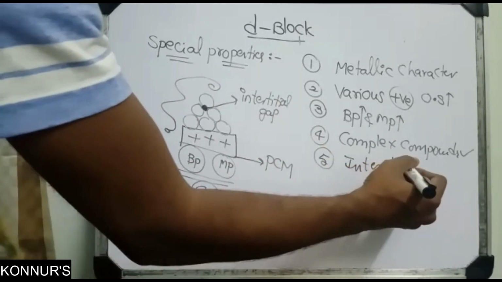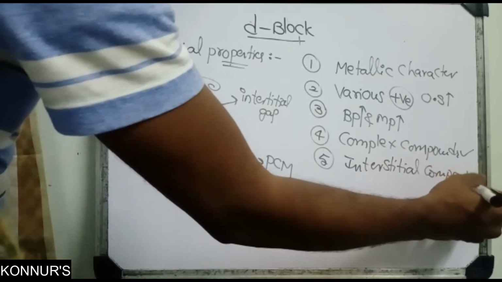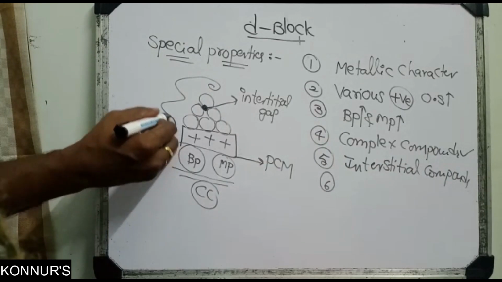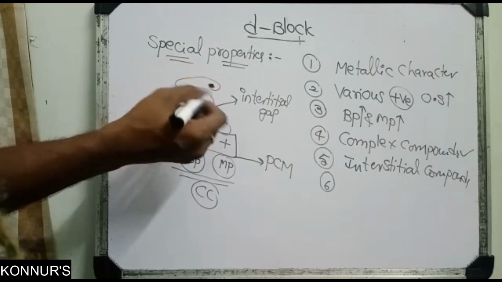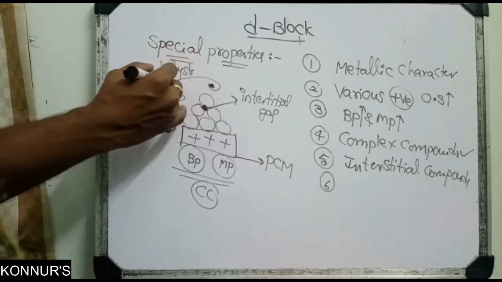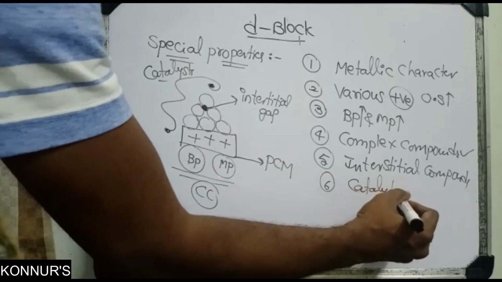So the speciality is that these form interstitial compounds. Next, the element that lifts from the bottom stage to the highest stage, in our chemistry, is called a catalyst. All D block elements show catalytic properties.